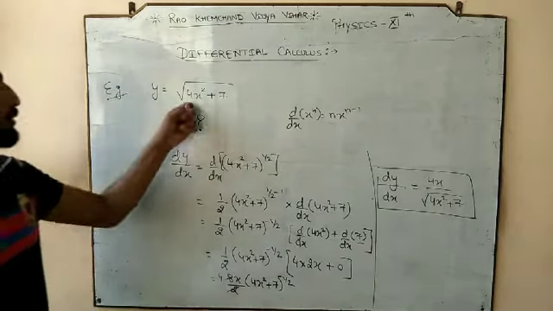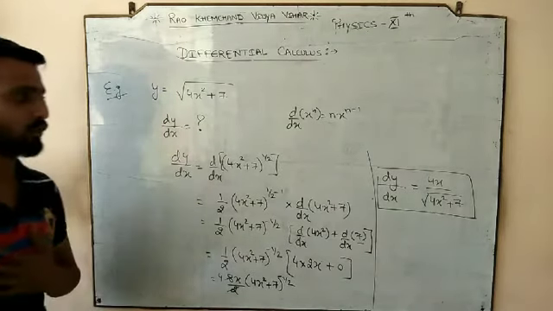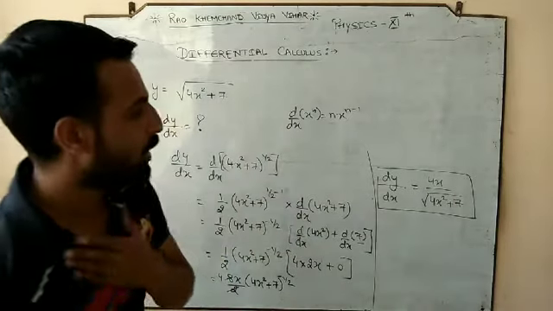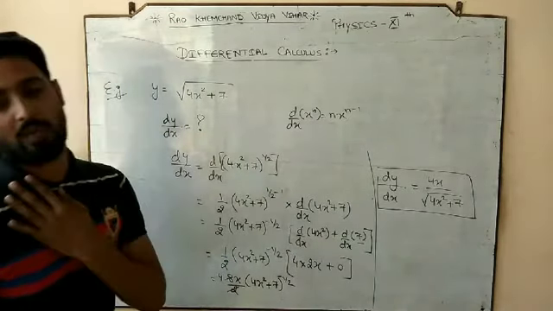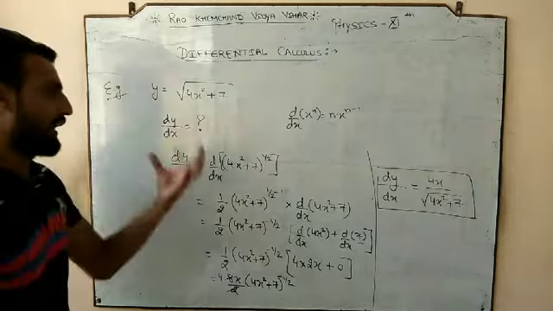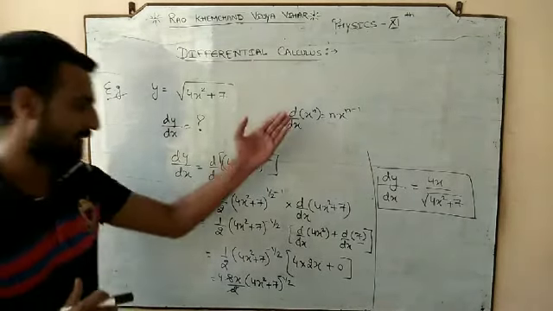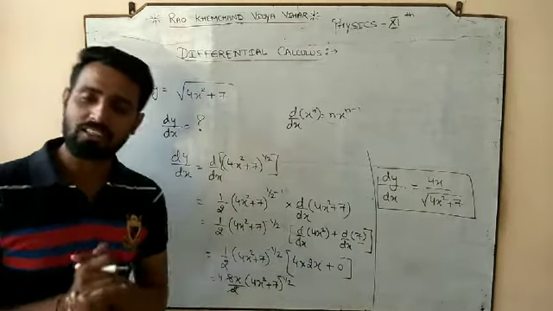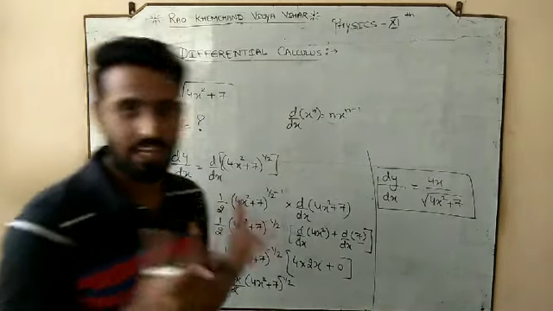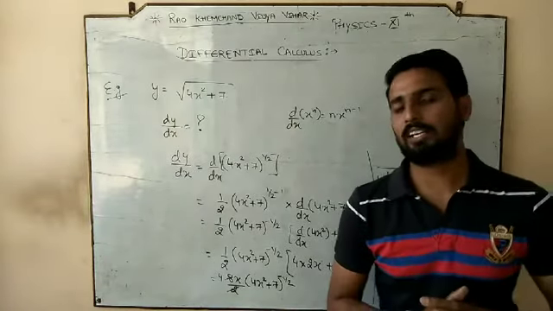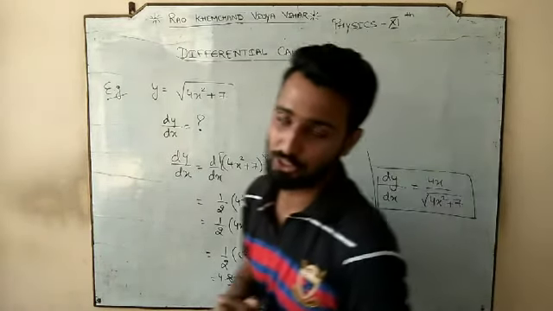If y is equal to under root 4x square plus 7, it is 4x divided by the whole root over 4x square plus 7. So here we are applying the chain rule, the addition rule, the power rule, and the concept of the constant. Means you have to apply all the important relations related to differentiation.